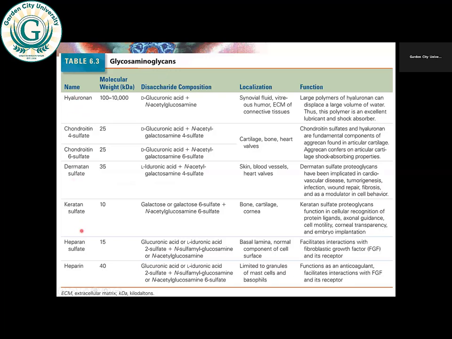You can see chondroitin 4 sulfate and chondroitin 6 sulfate. The chondroitin 4 sulfate is a fundamental component found in articular cartilage.